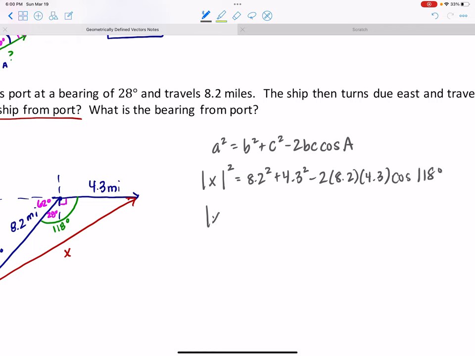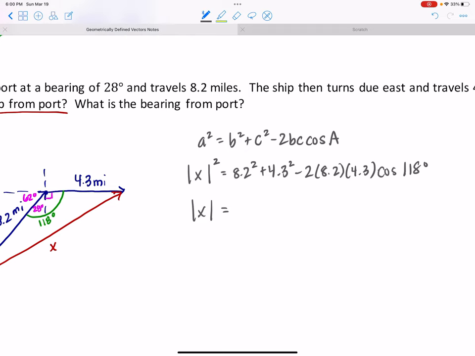So again, the magnitude of x is going to be the square root of all of that. Maybe you're doing that and saving yourself some work, right?